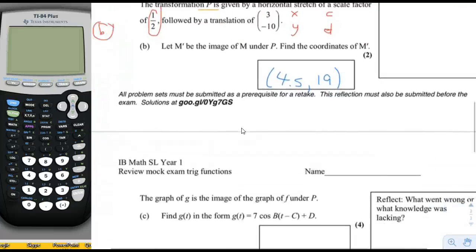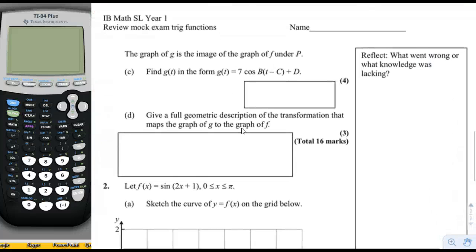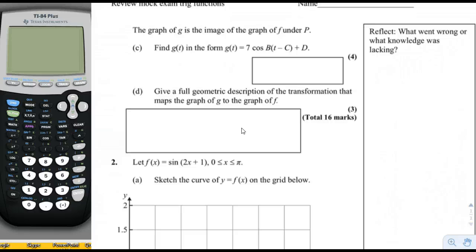Let's move on to the last part of this problem. The graph of G is the image of the graph of F under P. Okay, so that's just like what we drew, right?